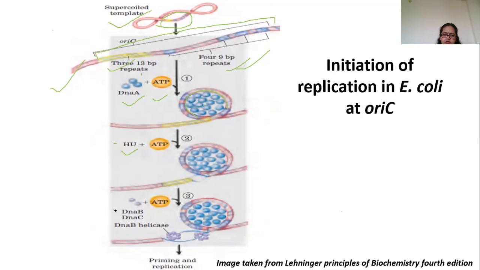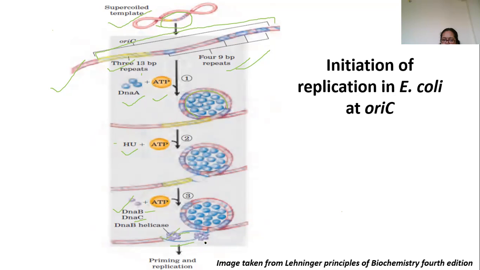Now, in the next step, DnaB and DnaC. So DnaB is a helicase enzyme. DnaC is helping DnaB to bind to these unbound regions of the DNA strands. So this DnaB helicase is a hexamer of two rings.